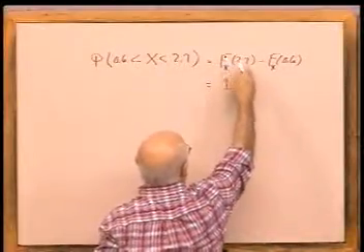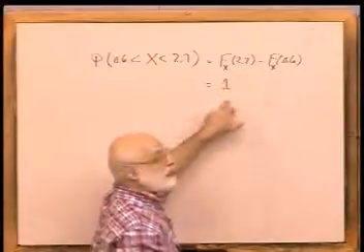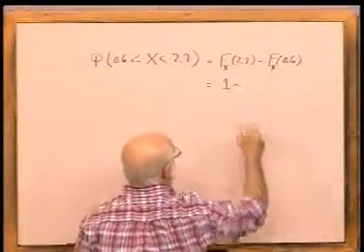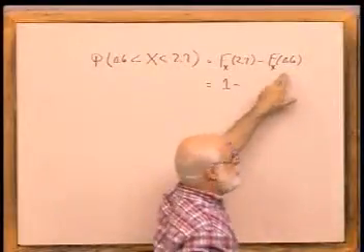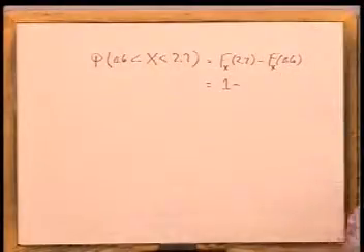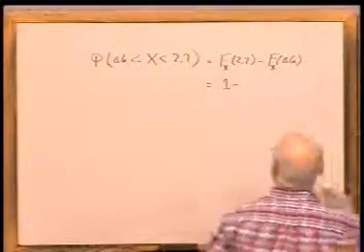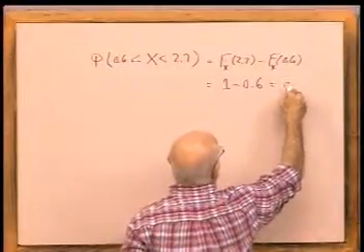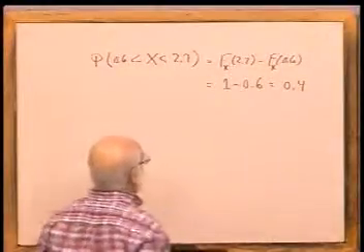This is formally the probability that x is less than or equal to 2.7, which happens 100% of the time in this model. What's capital F of 0.6? Since 0.6 lies between 0 and 1, I use this branch. Capital F of 0.6 is 0.6. When I subtract them, of course, I get 0.4.